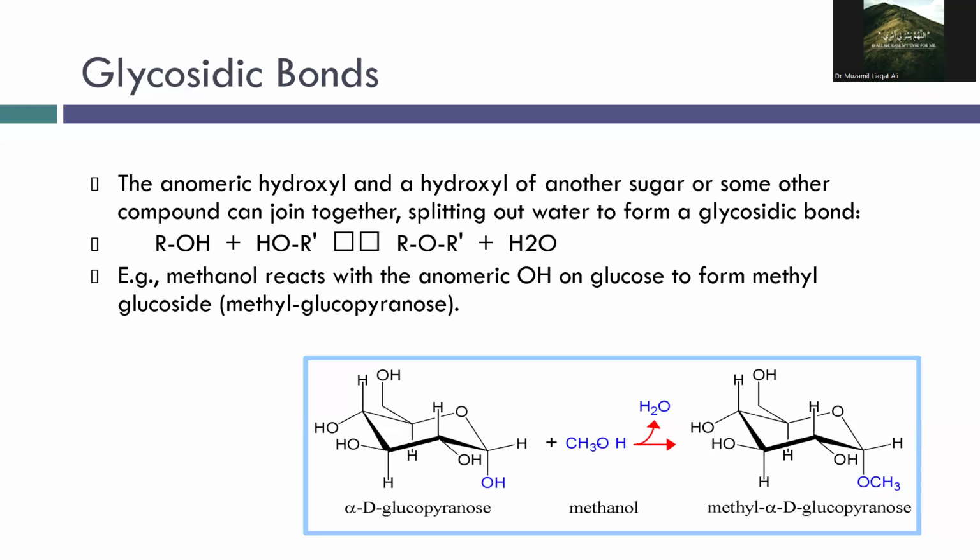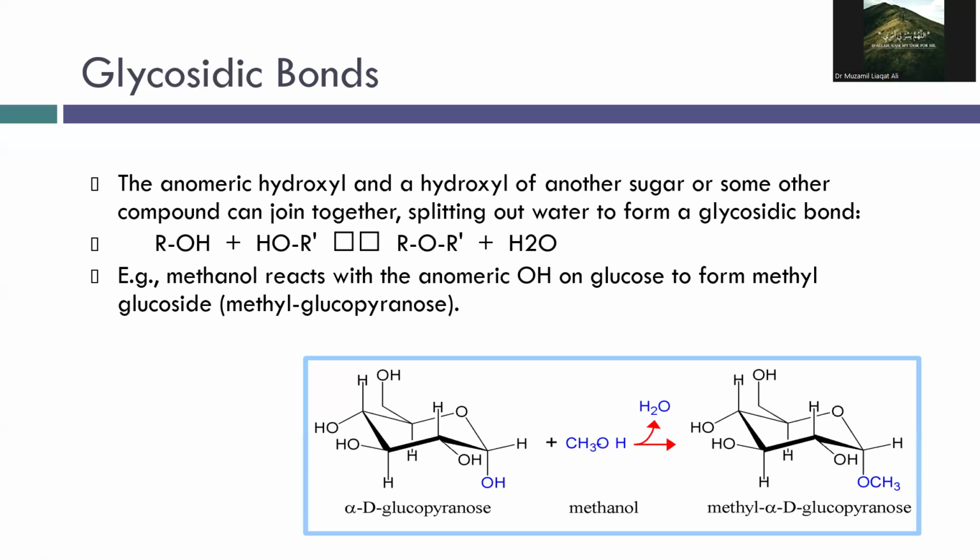The glycosidic bond is created when the anomeric hydroxyl group of one sugar reacts with a hydroxyl or other suitable group of another molecule, releasing a molecule of water. General reaction, as you can see on your screens: the anomeric OH plus the HO-R group react to form a different compound by releasing a water molecule.